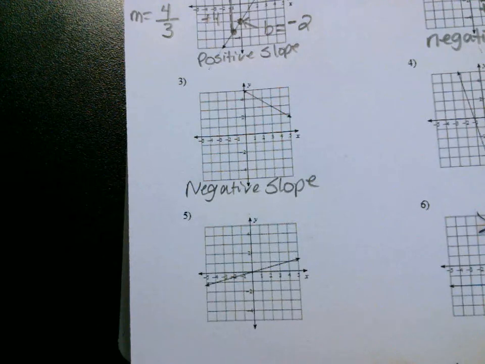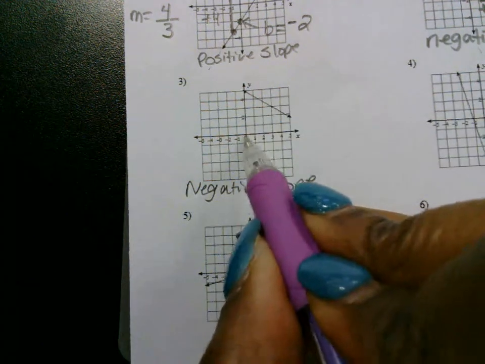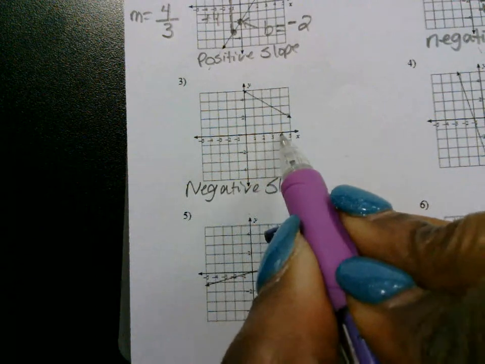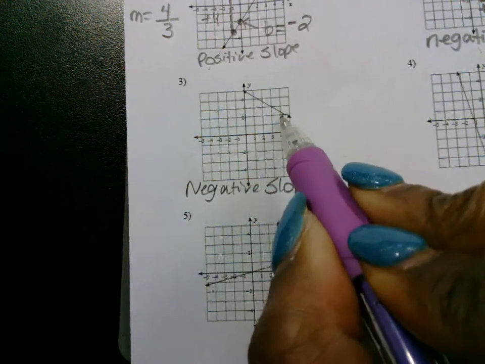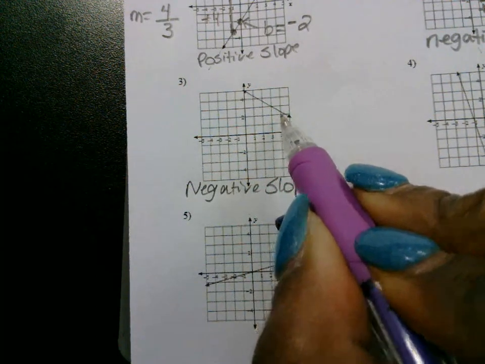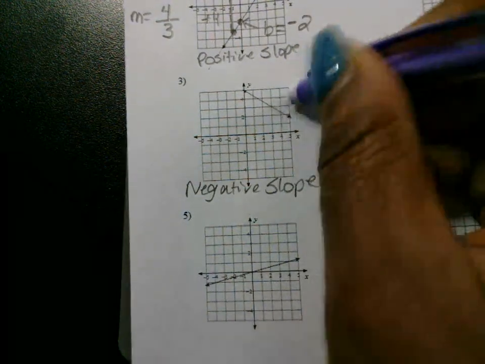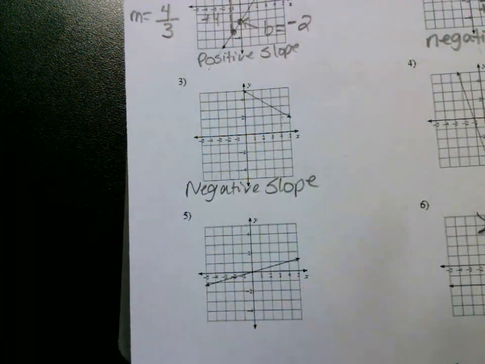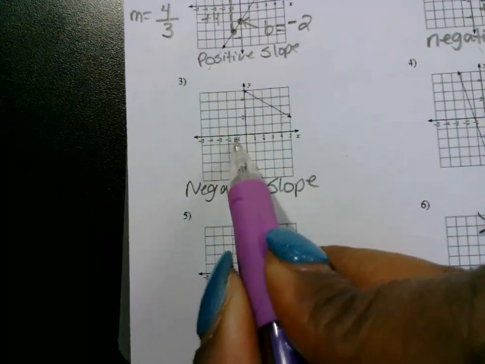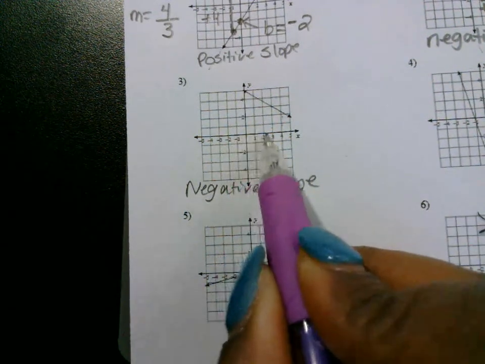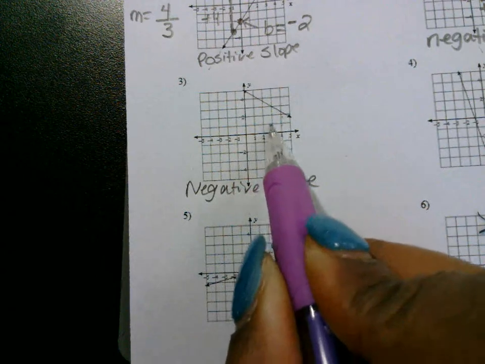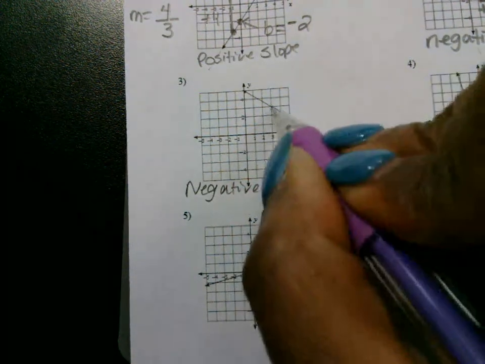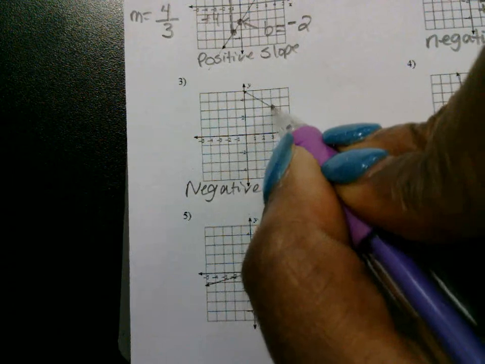4 and up 2. All right, let's see. 1, 2, 3, 4. 1, 2. No, not quite. It's not perfectly on the line, so we can't use that one. 3, 3. 1, 2, 3. 1, 2. This is perfect. You see how it's in that crease? This is perfect.